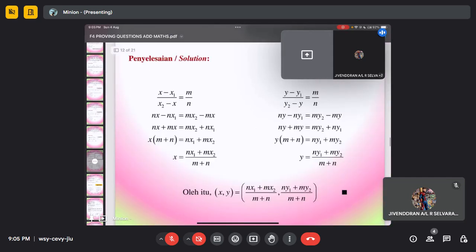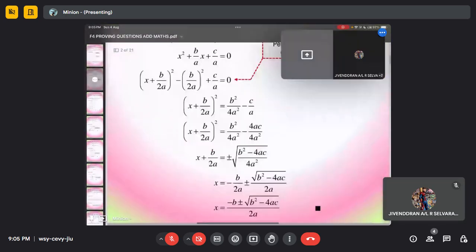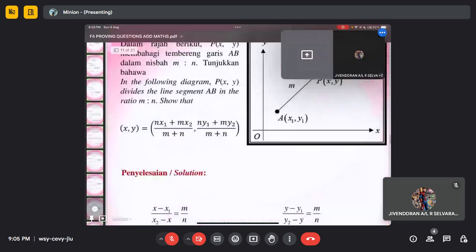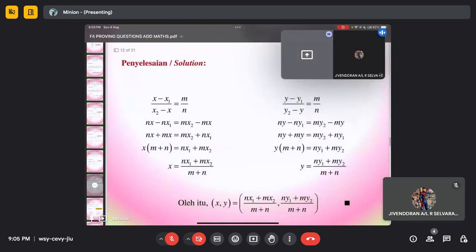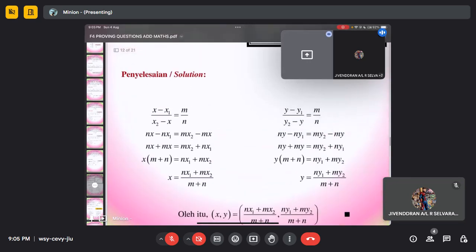If you bring it to this side, it will become divide. If you combine both x and y, it becomes bracket x comma y close bracket equivalent to nx1 plus mx2 divided by m plus n, same thing, and comma ny1 plus my2 divided by m plus n, close bracket.